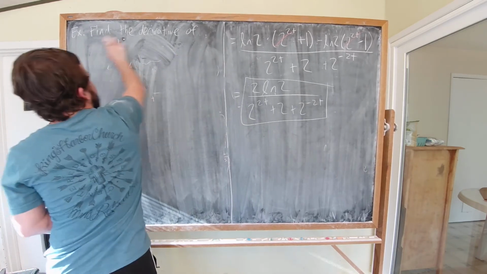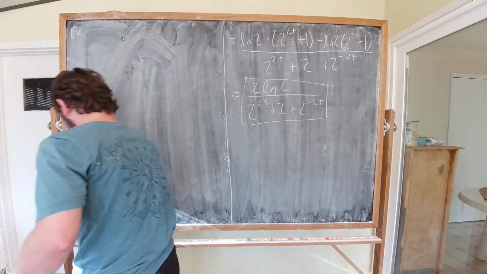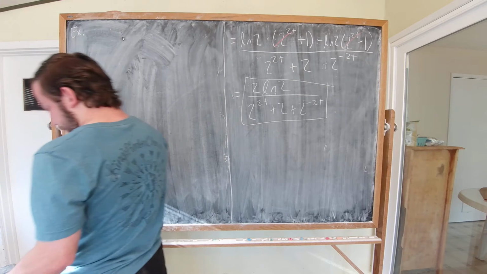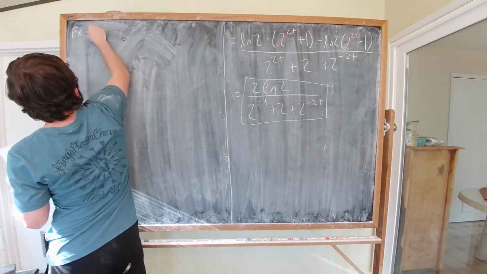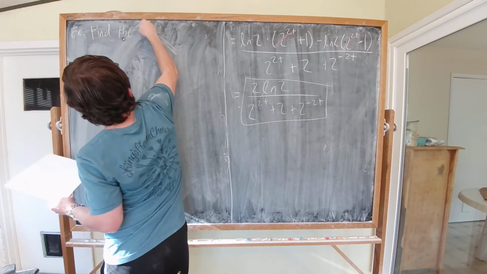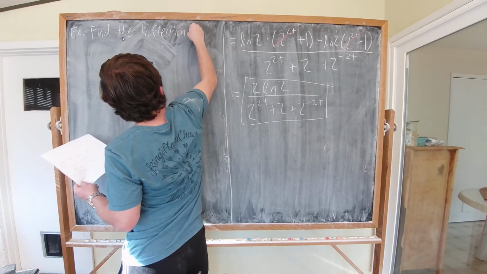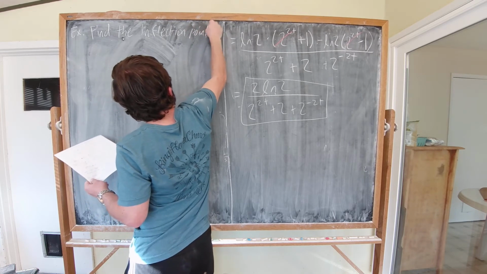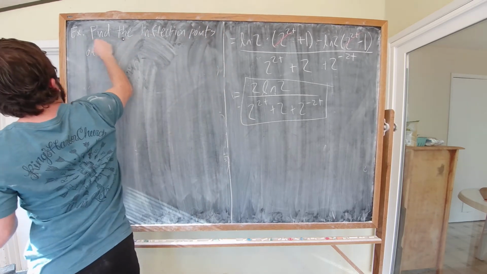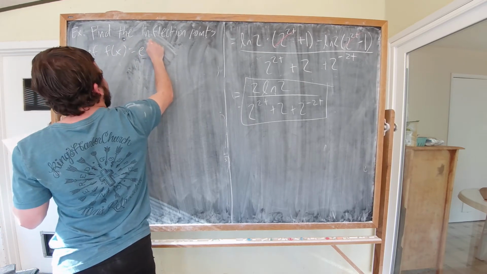Using some of our chapter 4 stuff for this. Let's find the inflection points of f of x equal e to the negative x cubed.